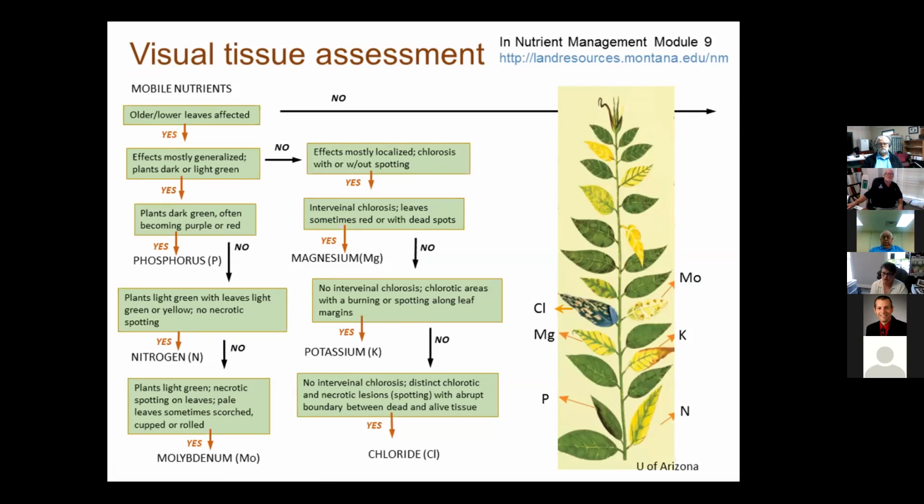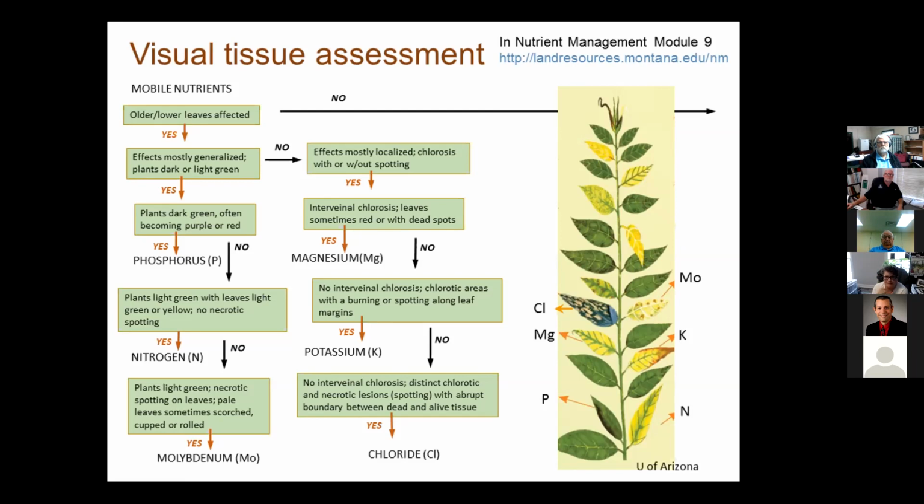So say a yellow leaf towards the bottom, but the veining is still green, might indicate that it's a nitrogen issue. A little further up on the plant may indicate that instead it's magnesium, for example.